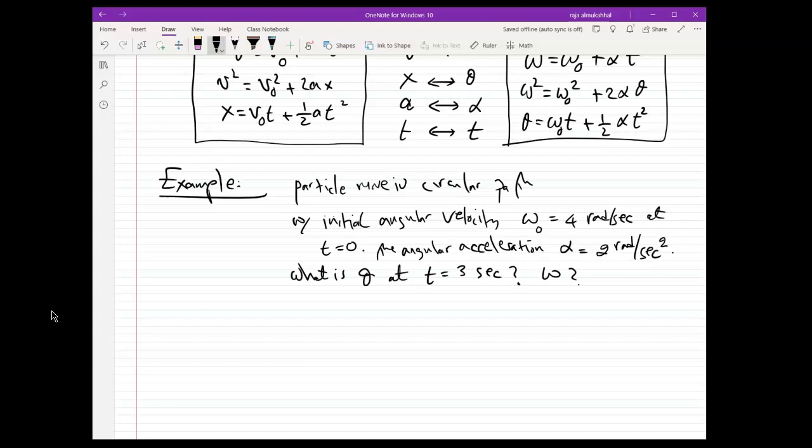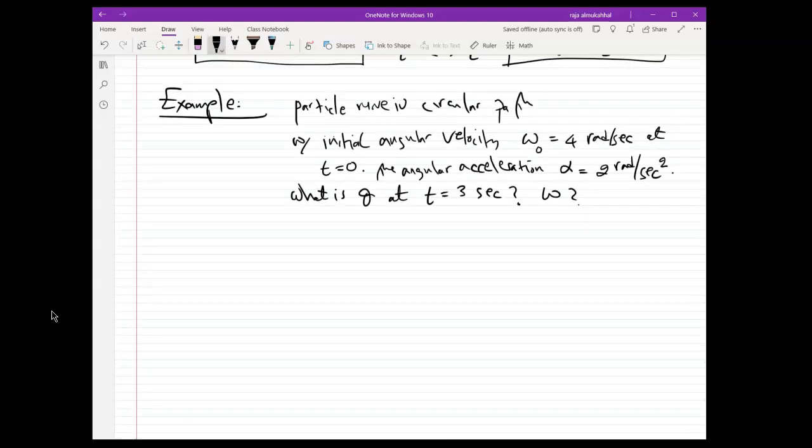Okay, so if I make a simple graph of this thing, imagine you have here a circular path, something like that, and let's say this is the y-axis, this is the x-axis, and let's suppose that at t equals 0, the particle is right here.